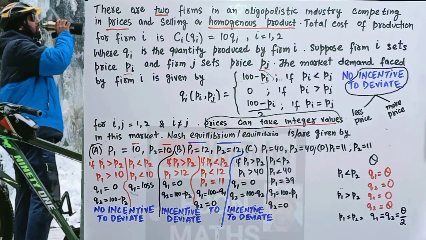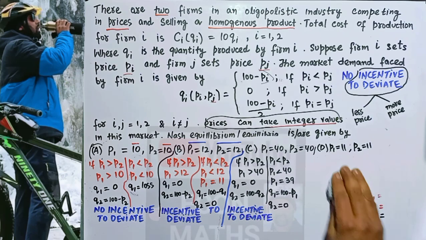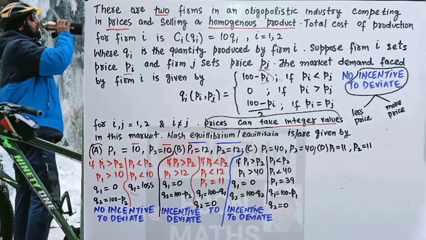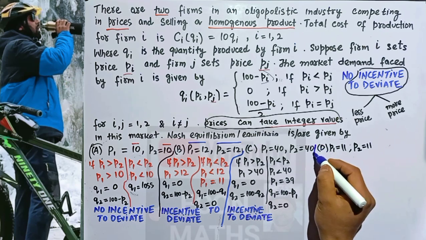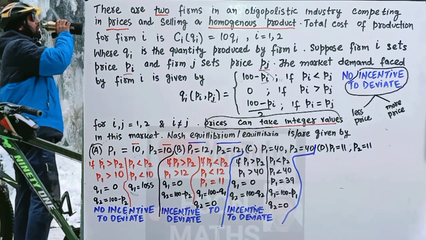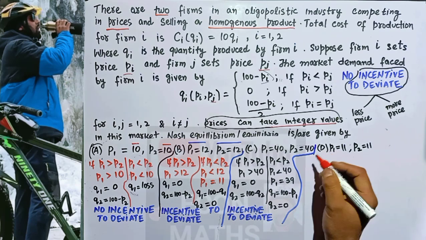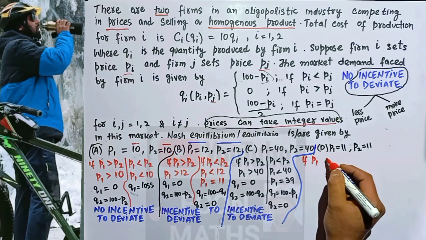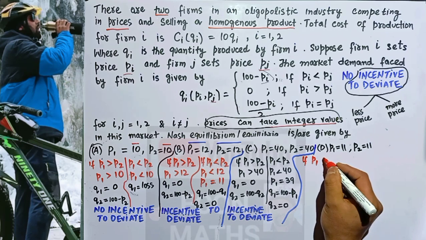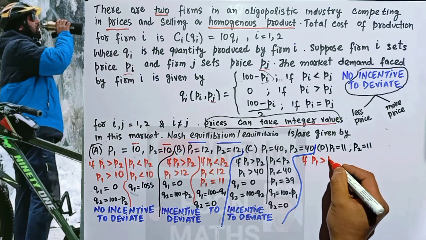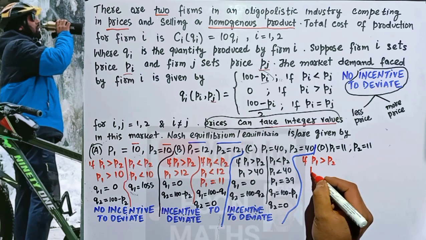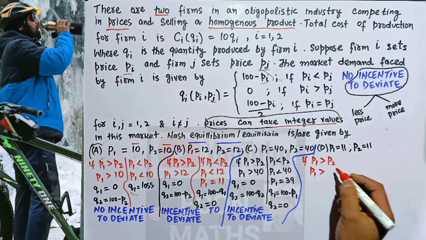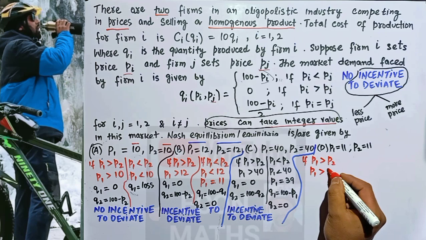Now let us see the last one. I hope you got it in your mind. For that, let me rub this out now. Now we have the D option. Same logic. If firm 1 sets or charges a price which is greater than P2, that means firm 1 is setting a price greater than 11.